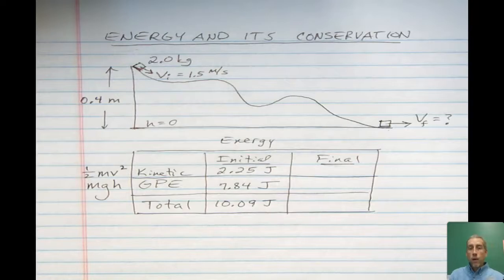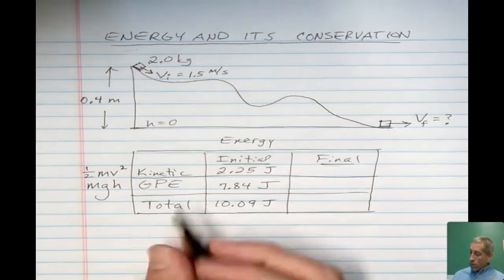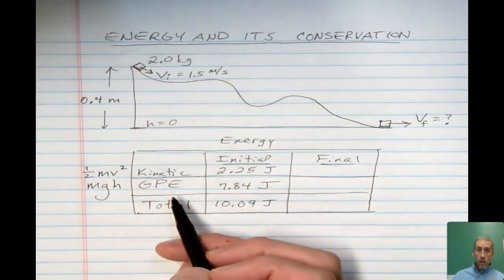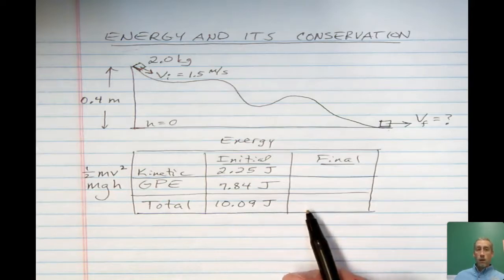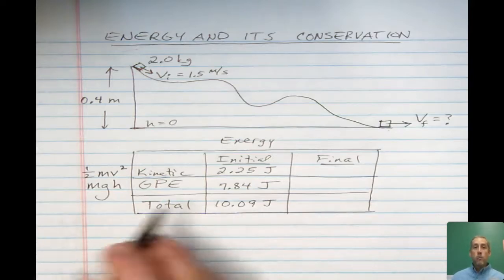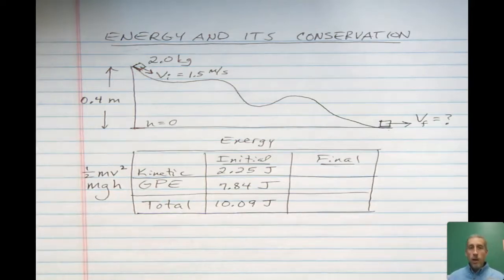So here's the power of conservation. As long as there is nothing in this system that would change the energy to some other form other than these two, then we can assume that we're going to get all that energy out at the end. It will just be redistributed. So you can't have anything that's going to change it from kinetic and gravitational potential energy into a different form. Well, that would usually be friction.